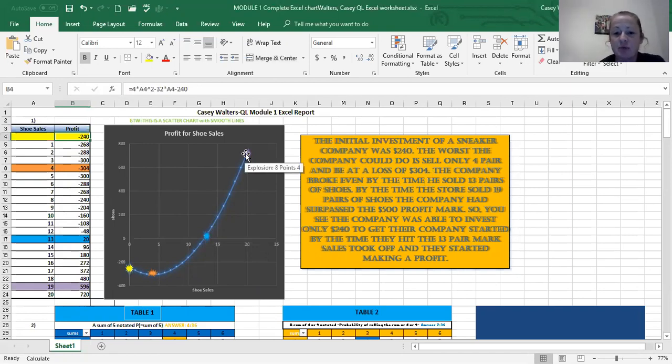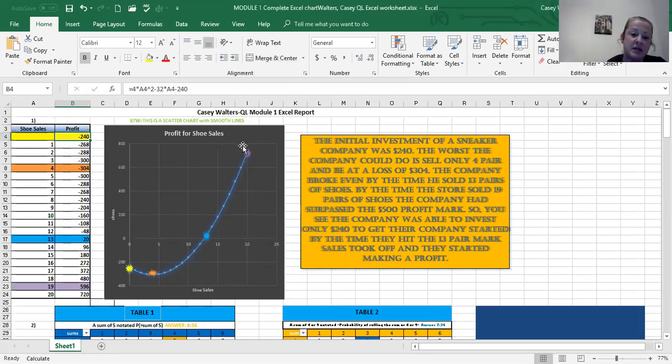So you see the company was able to invest only $240 to get started. And by the time they hit 13 pairs of shoes being sold, the sales had taken off and they started making a profit.